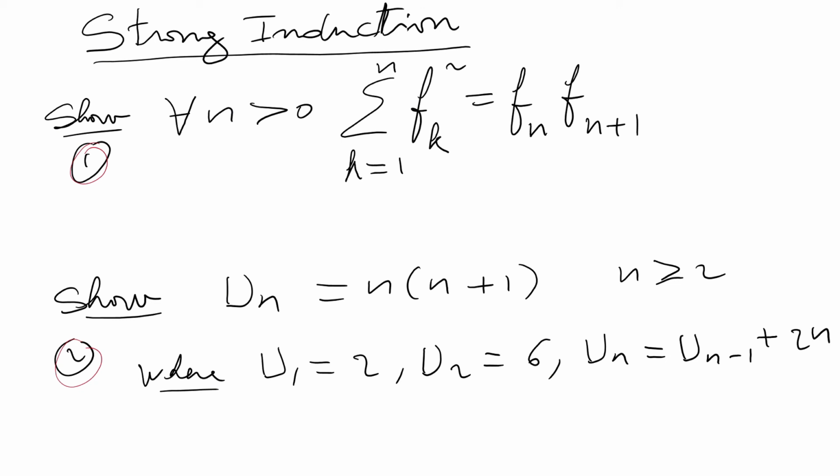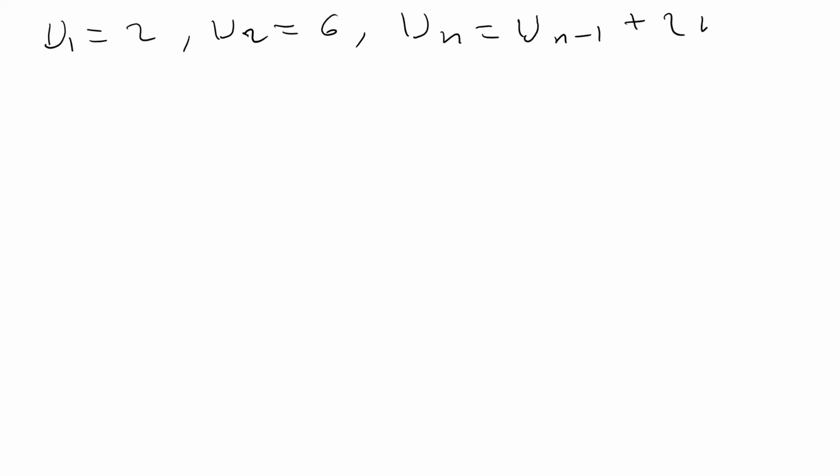So we can start with the second one. I'm going to start with the second expression. Our goal is to show that if you have u1 equal to 2, then u2 equal to 6, then we give this recursive definition: un equal to u(n minus 1) plus 2n.